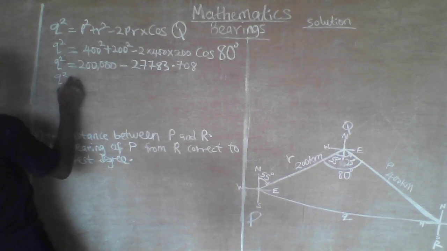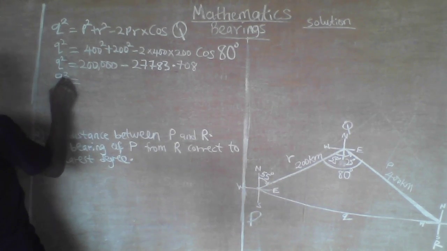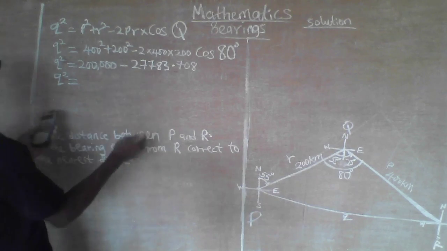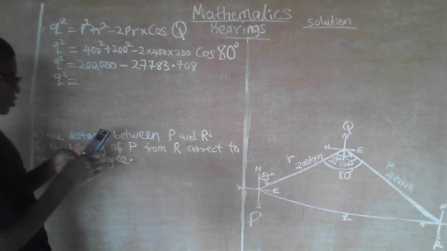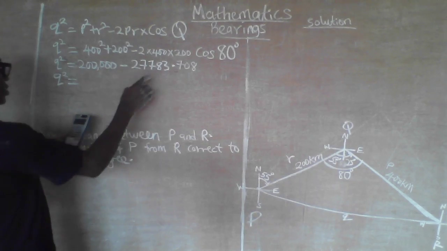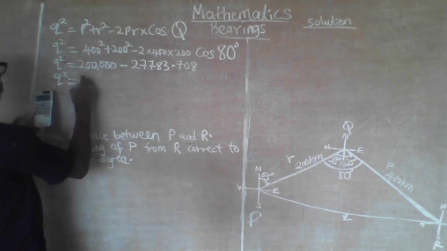So q squared is equal to 200,000 minus this.